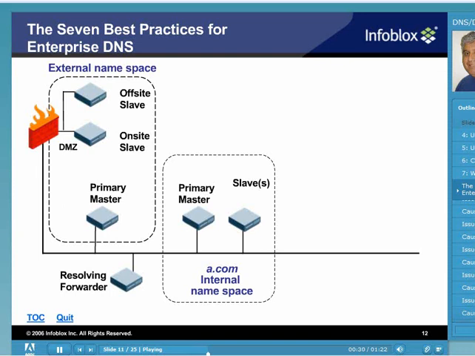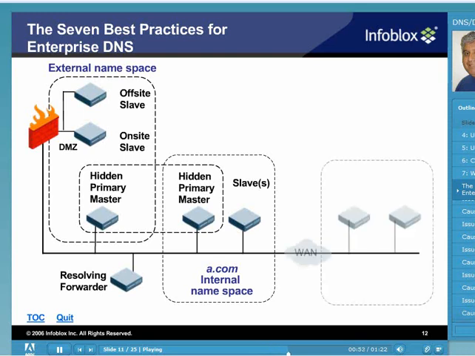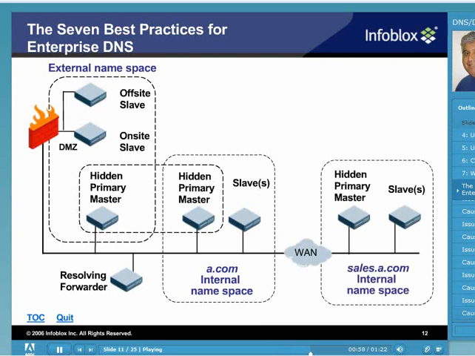Regarding the internal namespace, we talked about 2 best practices. First, the replication of DNS infrastructure at major company divisions, and then, second, regarding branch offices that must still be on the internal side of the namespace, we talked about the use of resolving or hidden resolving slave servers to build rich caches from which the local queries can be answered without going to the data center.